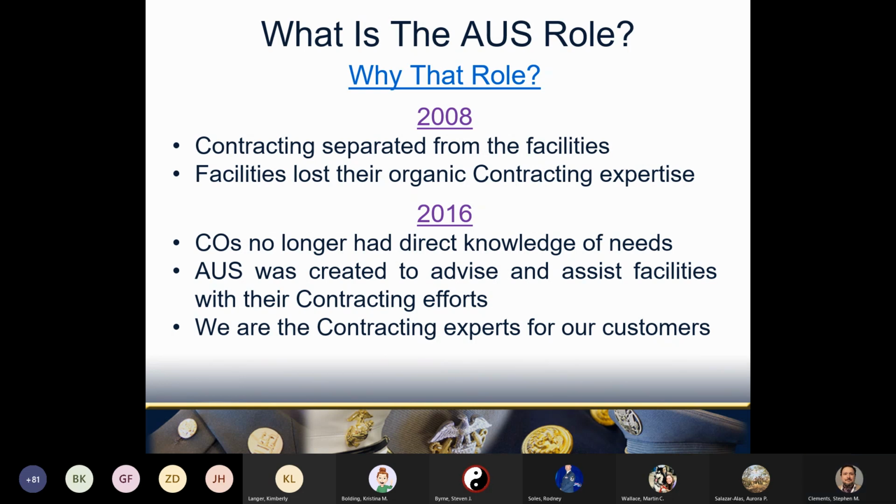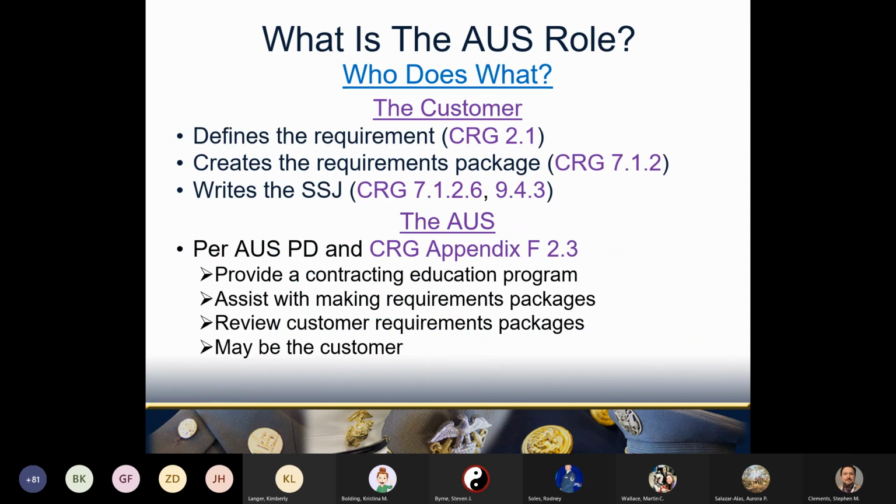Well, so their ability, the CO's ability to be acquisition advisors for the facilities diminished, and VA suffered for the brain drain. So in 2016, we were created to fill the gap. The AUS position was created to advise our customers on this and other topics. And as our facilities' resident contracting experts, it is our duty to use our expertise to help our customers fulfill their duties and get what they need from contracting.